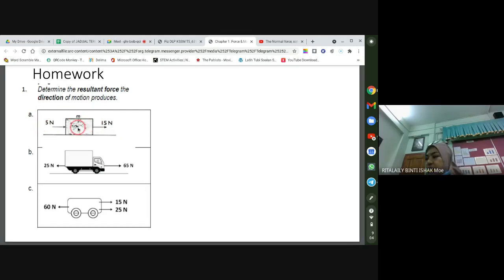1A. So can I call IV? IV go. Can you please tell us what is the resultant force for 1A?